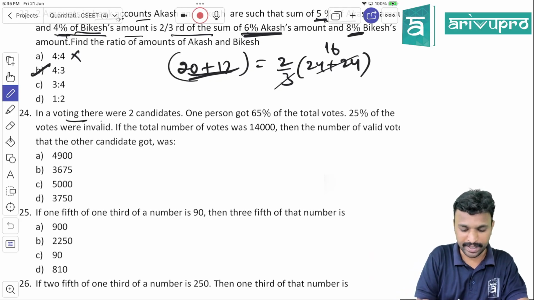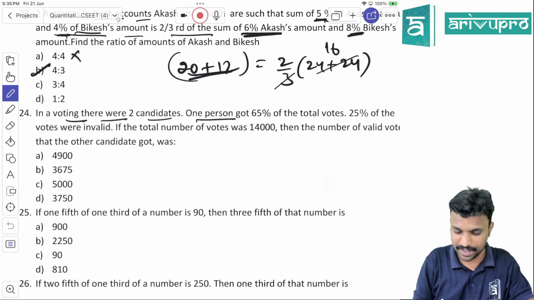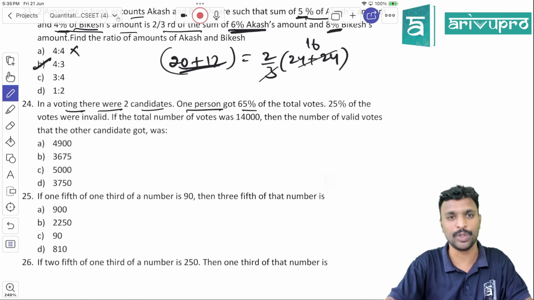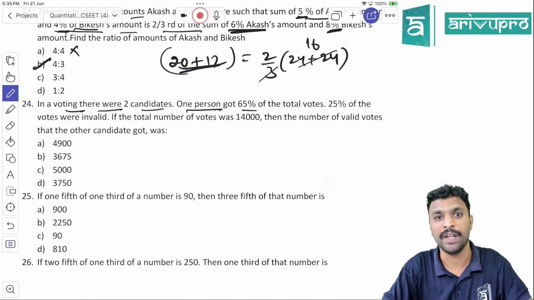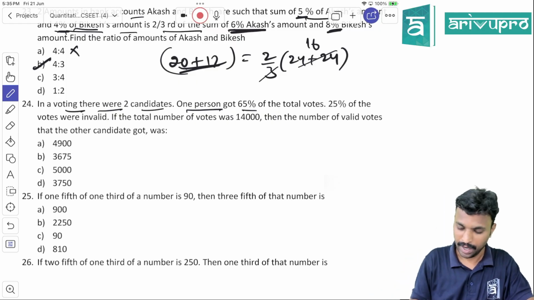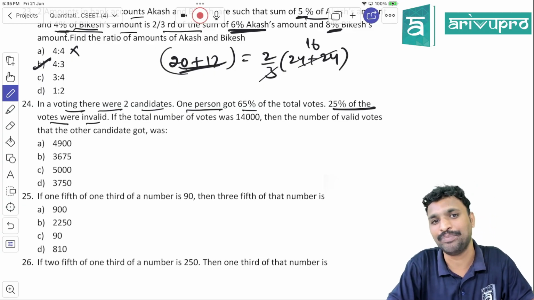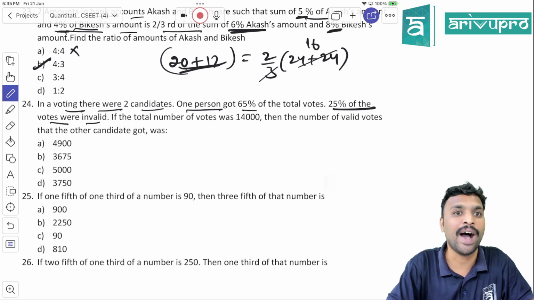In a voting, there were 2 candidates. How many candidates? 2 candidates. One person got 65% of the total votes. 25% of the votes were invalid. How many votes were valid? 75% only are valid.